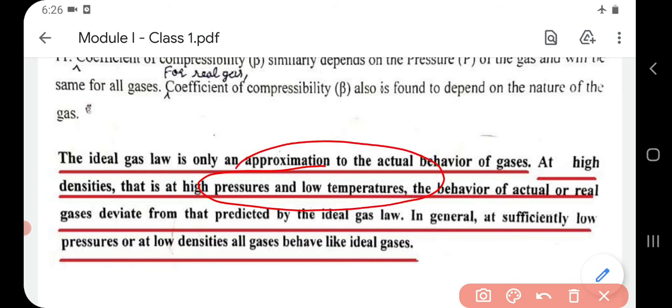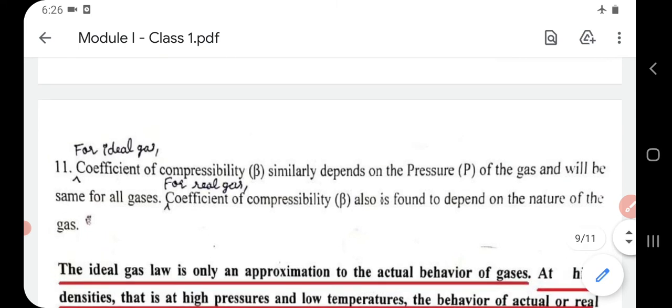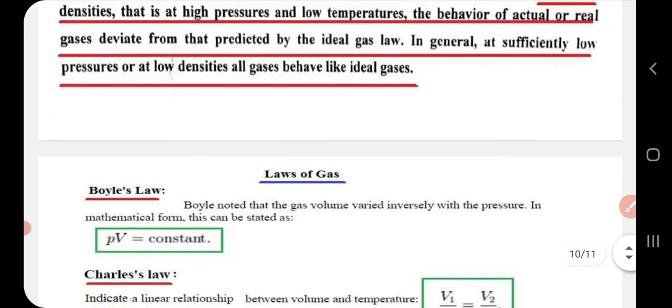In general, at sufficiently low pressure or at low densities, all gases behave like ideal gas. So this is one of the most important conditions: a real gas deviates from ideal gas at high pressure and low temperature. This difference between ideal gas and real gas is very important, so you can study that.